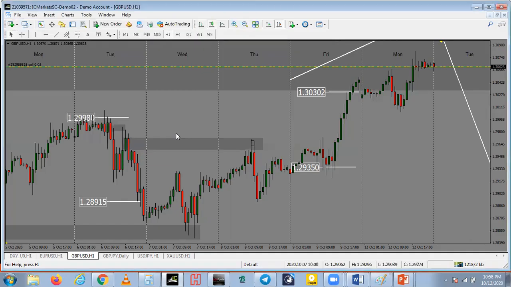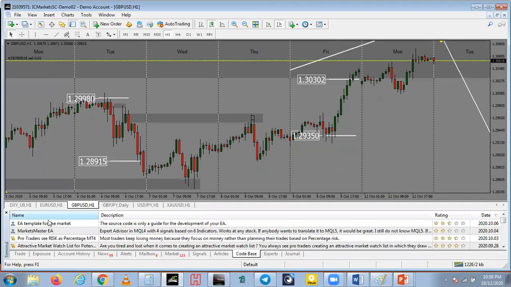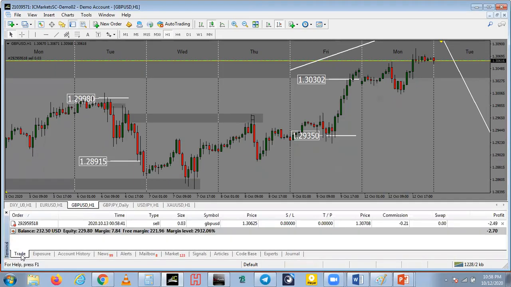Okay, see that sound. So we place the sell at this price. Let me show you the price we entered the sell. Okay, so we entered the sell at 1.30625, and we are in loss right now. Can you see that? We are in a -$2 loss.